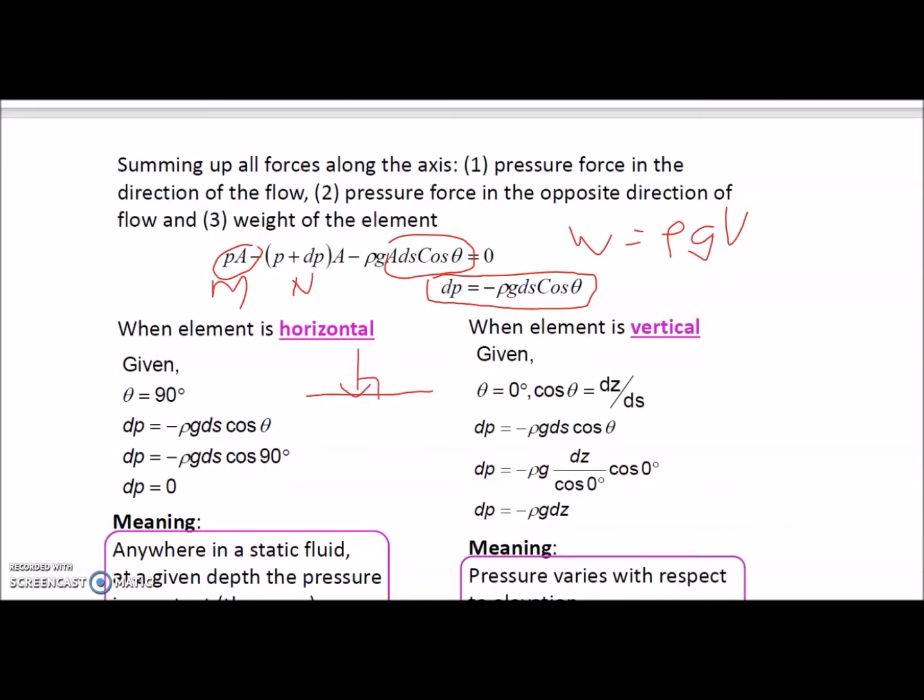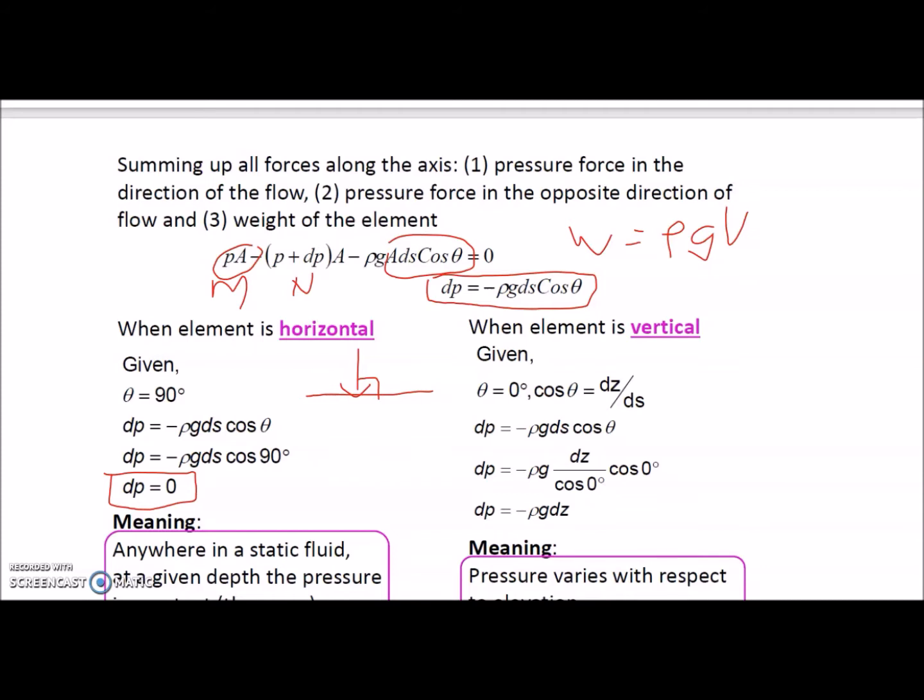Substituting the angle in the formula for change of pressure, we get the change of pressure is zero. This means that in the view from above, there are no elevations.